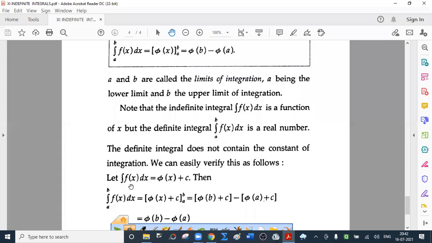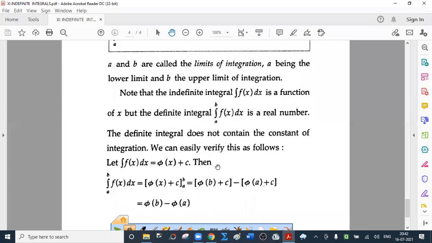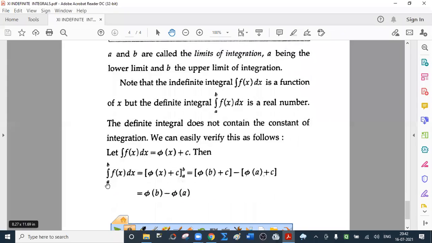See how. Usually what do we say? Integral f x dx is phi of x plus c. See, this is all about common sense. That is why it is difficult. Integral a to b f x dx. What is the answer? Phi of x plus c. First we replace every x by the upper limit. So phi of b plus c.